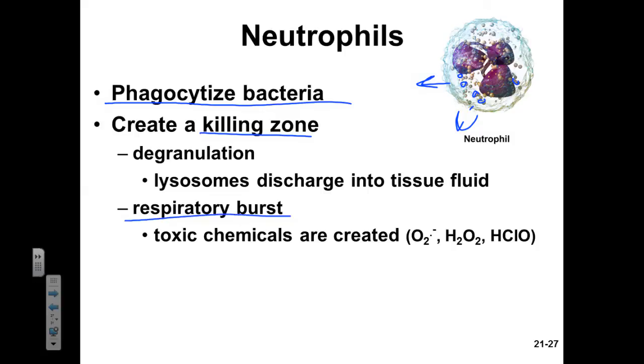These chemicals are very toxic, and they include superoxide, hydrogen peroxide, and hydrogen chloride. All 3 of these chemicals can be used to sterilize or kill bacteria. The problem with releasing those chemicals to the extracellular environment is the neutrophil kills itself in the process, in addition to any bacteria that are nearby.